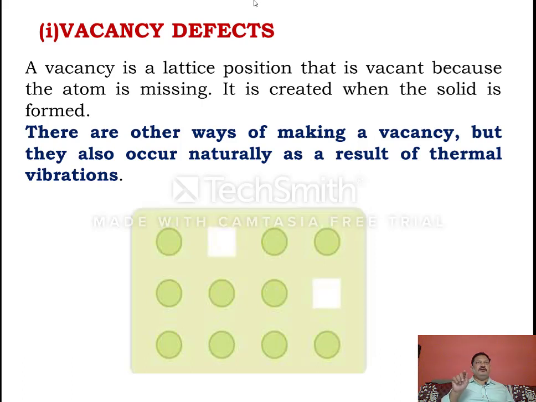We can find some vacant positions in the crystal lattice. This kind of defect is what we call vacancy defect. The vacancy defect may also occur naturally, or it may be due to thermal vibrations. So because of the presence of vacancy defect, the density of the material decreases.